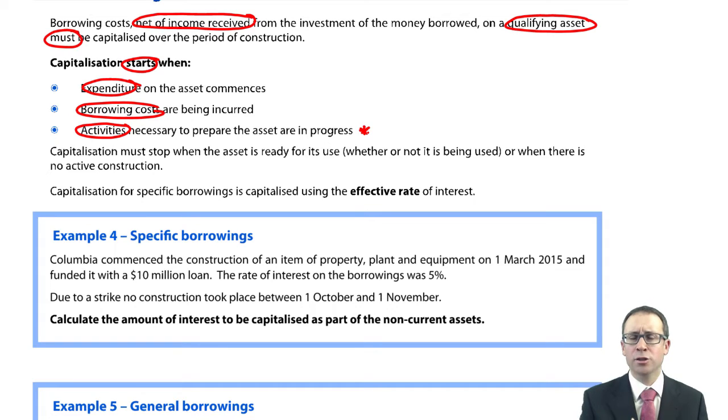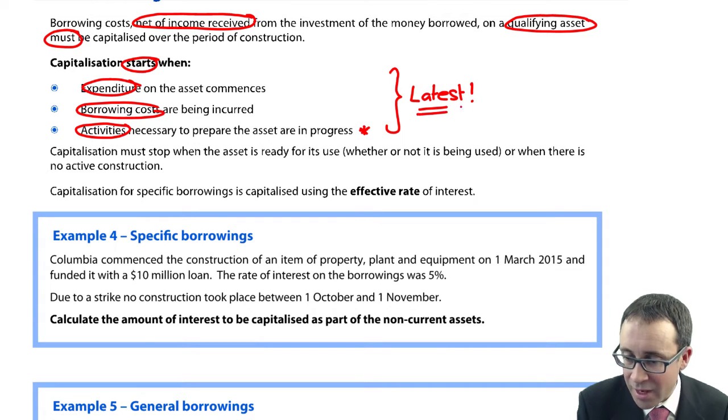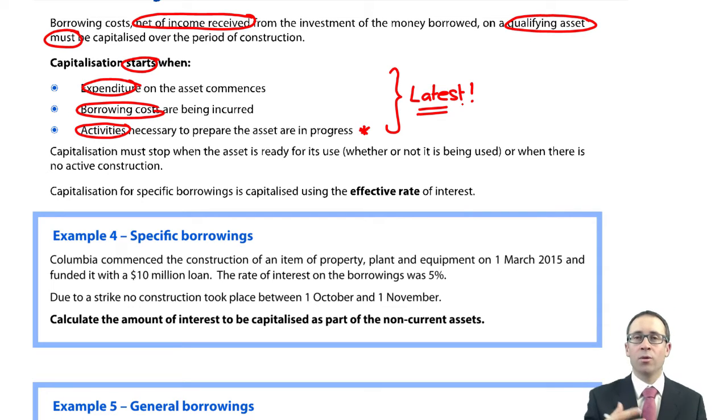So what we tend to have there is that it usually starts at the latest possible date, because we don't want to be too aggressive. It's not prudent to capitalize an expense, so we don't want to capitalize it until it is actually able to be capitalized, which is at the latest date.